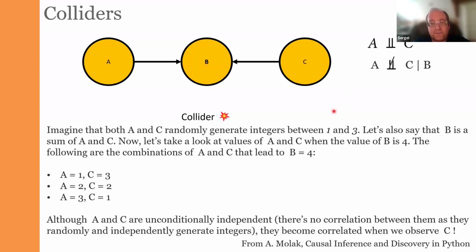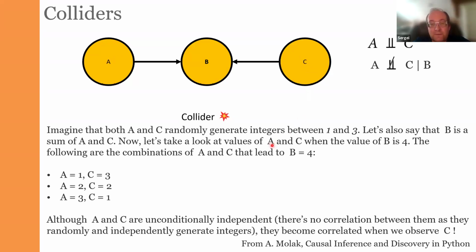How come? Let's look at a very simple example. Imagine that A and C are random variables between 1 and 3. Let's say that B is the sum of these two variables. Now we know that if A and C are independent random variables, then A and C are independent.